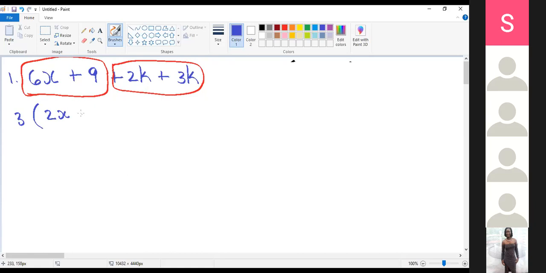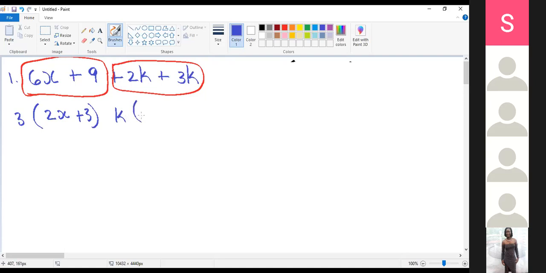And 3 into 9 gives you 3. All right, good. And then you go ahead now and factor the next pair. So 2k and 3k, what's the factor for that? K.